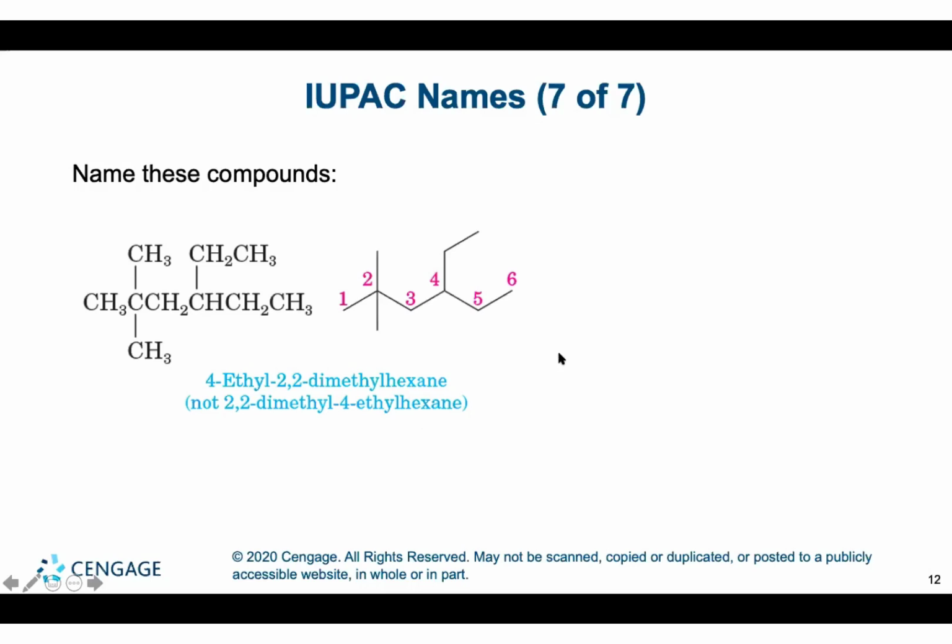Okay, so let's do another one. What's the longest chain here? I helped you here basically. So here the longest chain would be this one. And you can see here that on carbon 3, I have a methyl.